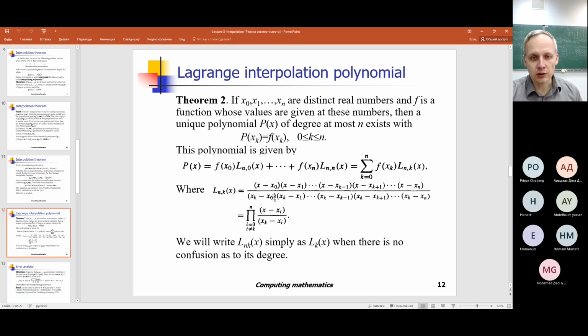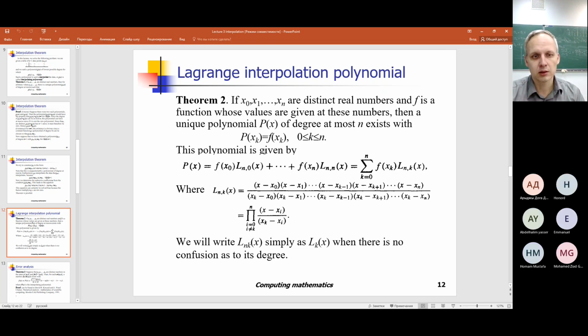And now I want to explain how we can write a Lagrange interpolation polynomial, a polynomial that interpolates the data. The idea is the same.